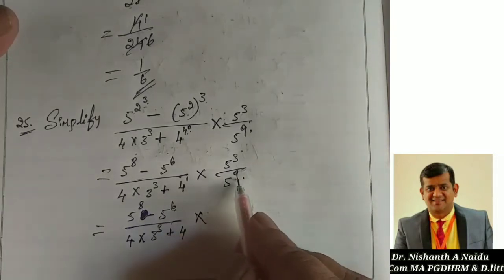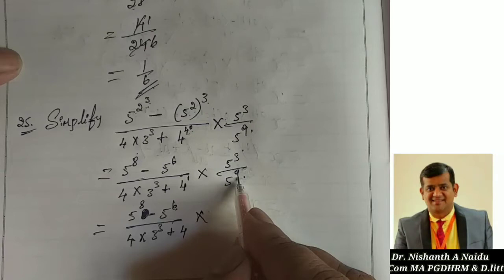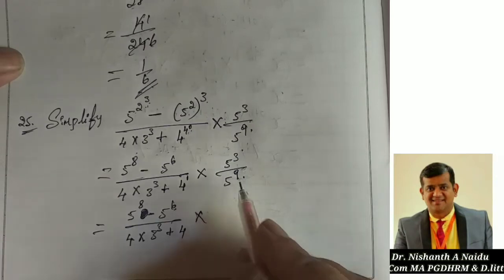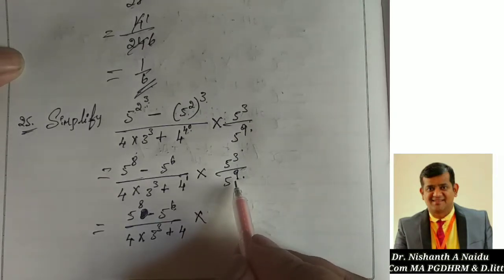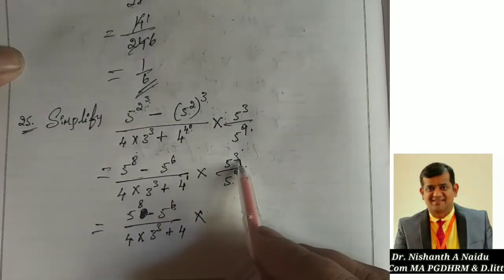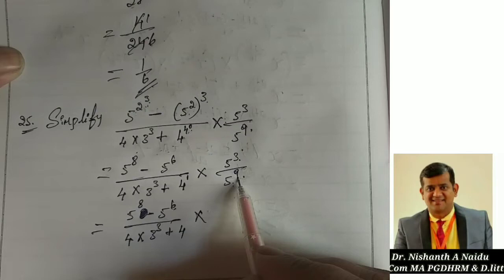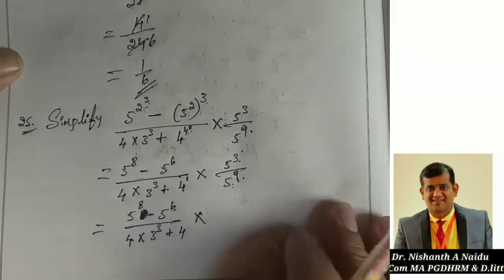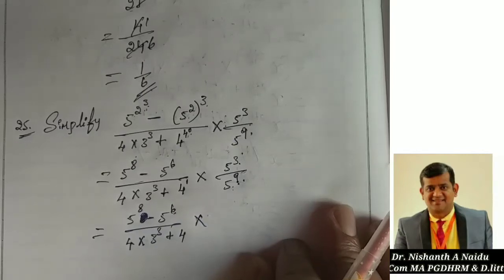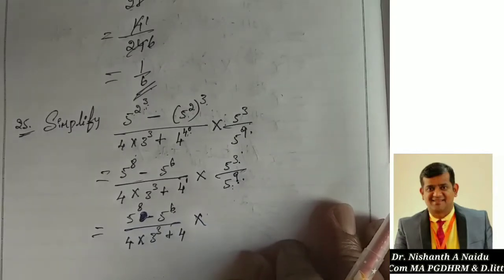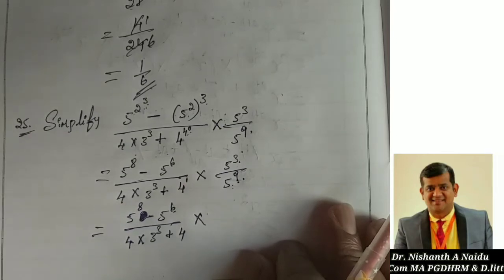Here the numerator's power value is less and the denominator's power value is more. So in such a case, I told you at the beginning what law you have to apply. Wherever the denominator's power value is greater, how we have to consider, that also I have taught you, correct? Yes, no?